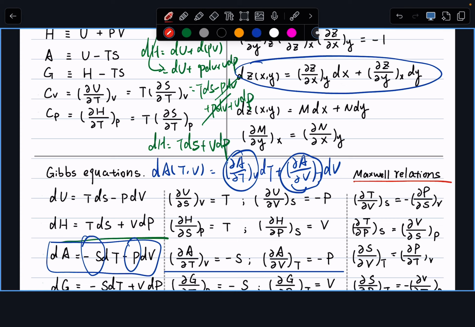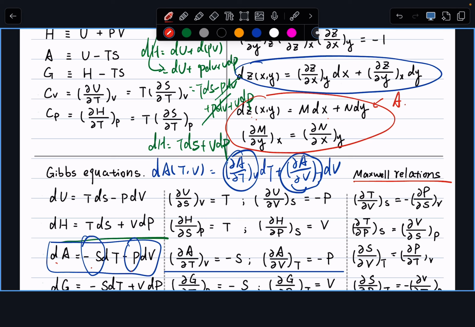And at the end, we have the Maxwell relations. For the Maxwell relations, we're using Euler's reciprocity rule, right? So in this case, we're saying if you have z as a function of x and y equals M dx plus N dy, this is almost the format of my Gibbs equation, right? If we still use Helmholtz energy as an example, my dA equals negative S dT minus P dV.